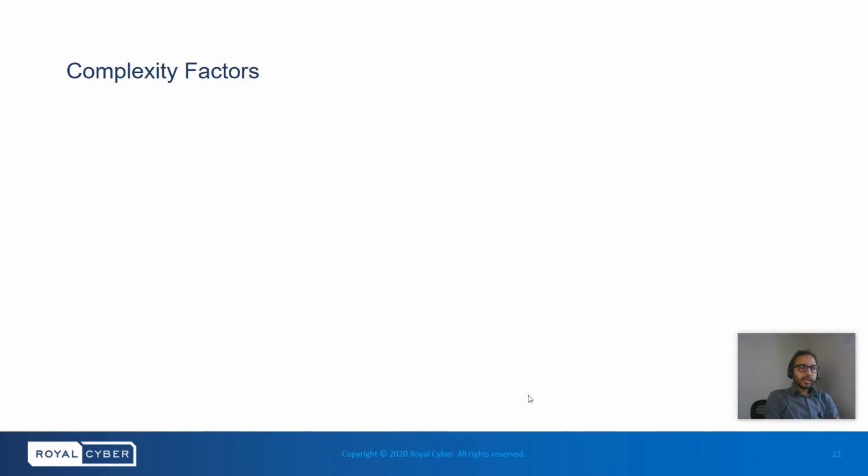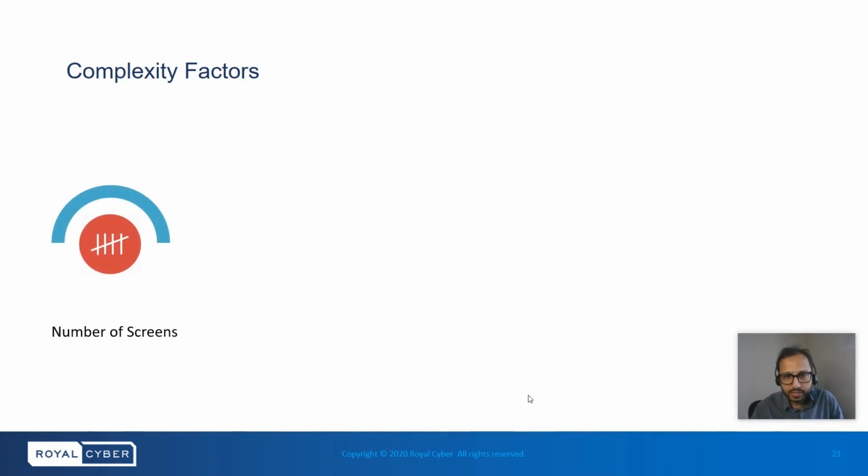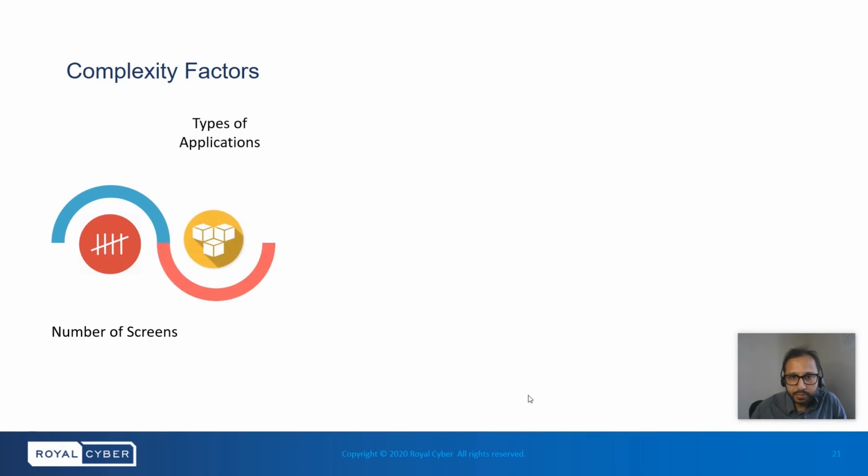Now let's see in detail what the complexity factors are that we have to look for. Number one is the number of screens involved in a process. We try to count how many screens, and within a screen, of course, if it's too complex a screen, we should also take this into consideration. Then we see what type of applications we need to interact with for the automation, like a Java application, a mainframe application, a web-based .NET application or SAP application.